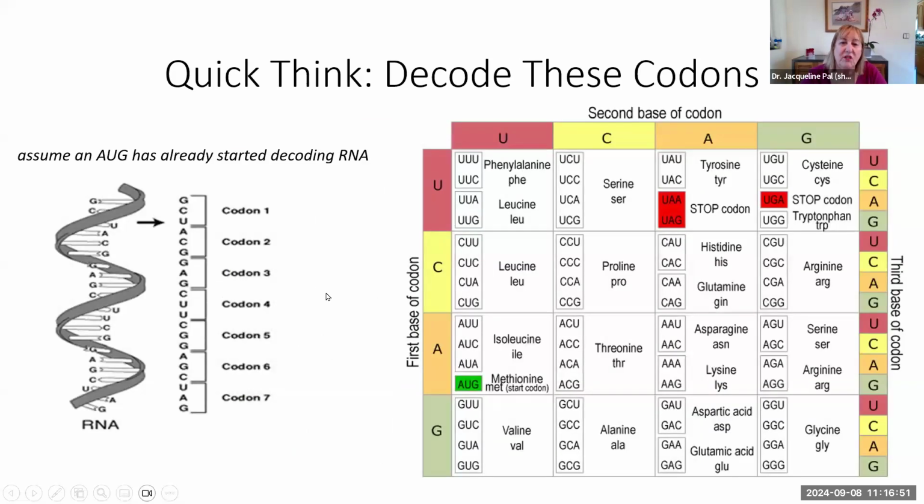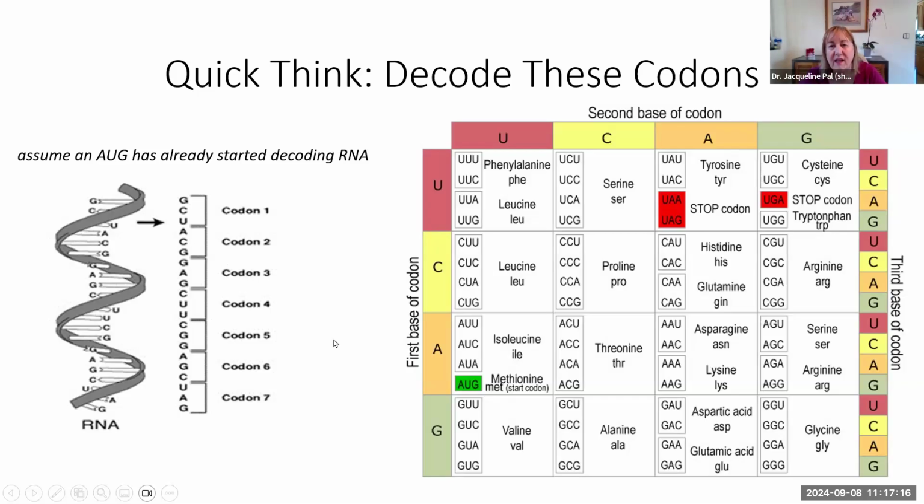Now, I want you to use this table, and here is messenger RNA that went with this DNA. So here are the codons. I've already given you the codons, and what I want you to do is decode these codons and then figure out what the amino acids would be.